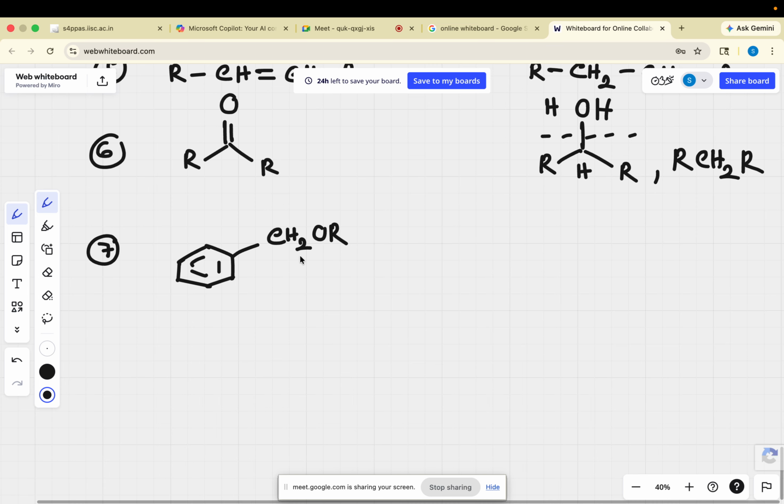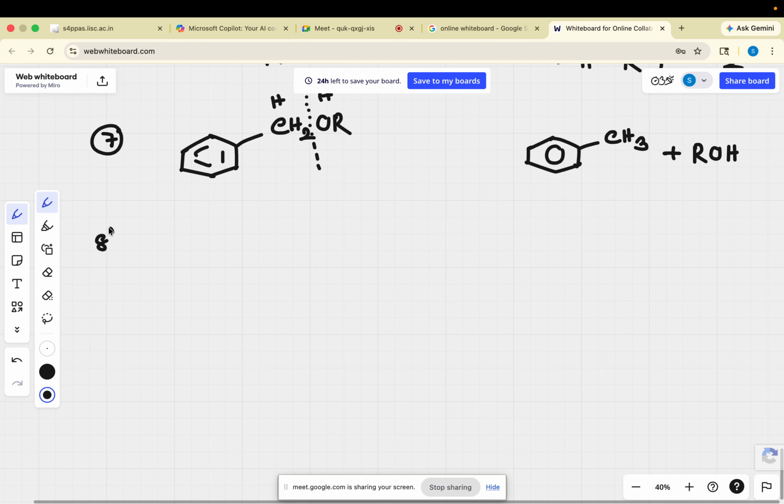If you do hydrogenation here, you have to cleave the carbon oxygen bond, attach one hydrogen this side, one hydrogen this side. So what you will get? You will get toluene plus alcohol.